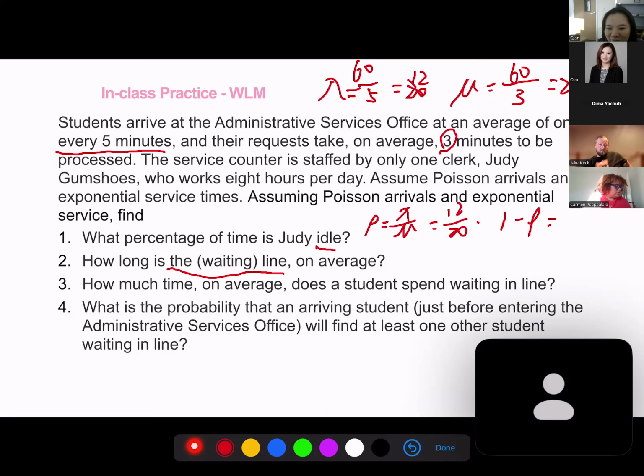Any idea? Q. Okay, yes, it should be Q because it's in line. If it's system, then it will be S. So then it is LQ or WQ.